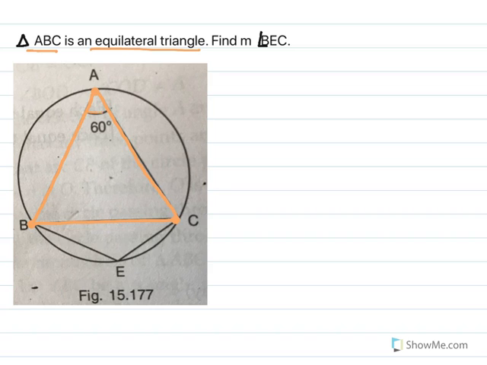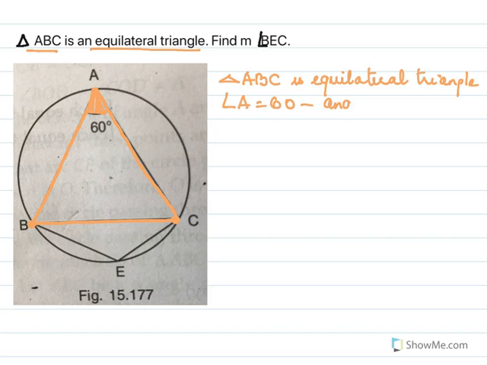Here we have ABC, so this angle will be 60. So we write triangle ABC is equilateral, and that is given to us. That means all angles are 60. So we write angle A equal to 60. Reason: angles of an equilateral triangle.